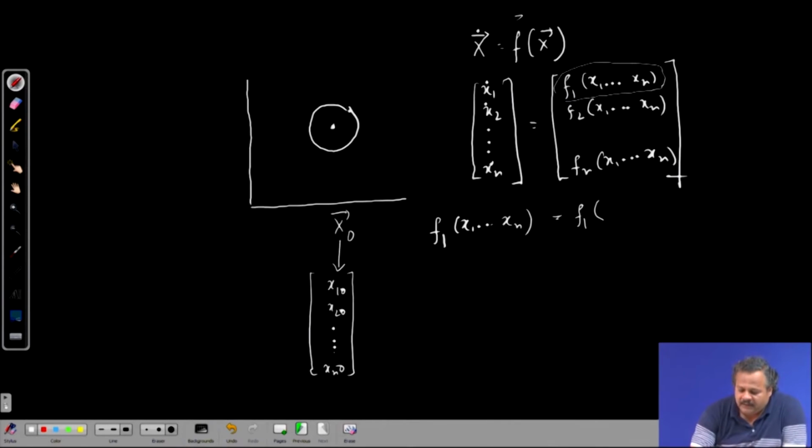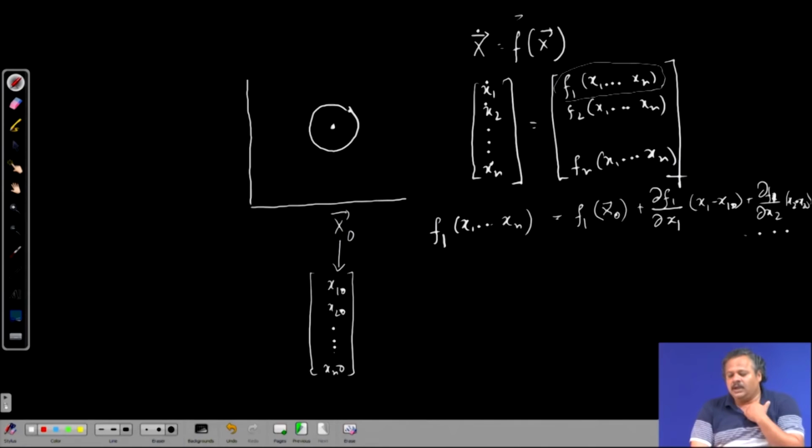So, this f1 at x0 is going to be the first term, and then plus del f1 del x1 into x1 minus x10, plus del f1 del x2 into x2 minus x20, and so on. These are the only first order terms for this n dimensional system.